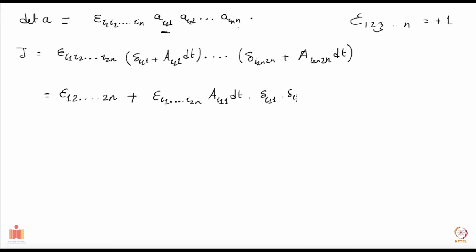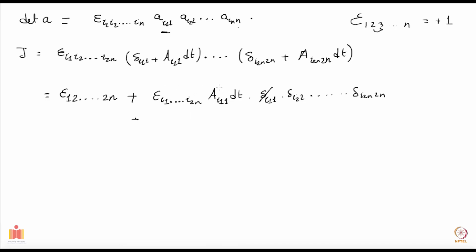I2 2, and similarly you proceed and go up to I2n 2n. Okay, and this factor is missing in this one. If I was a bit more careful, I could have pulled out this term, because the next term which I'm going to write will again have an epsilon.